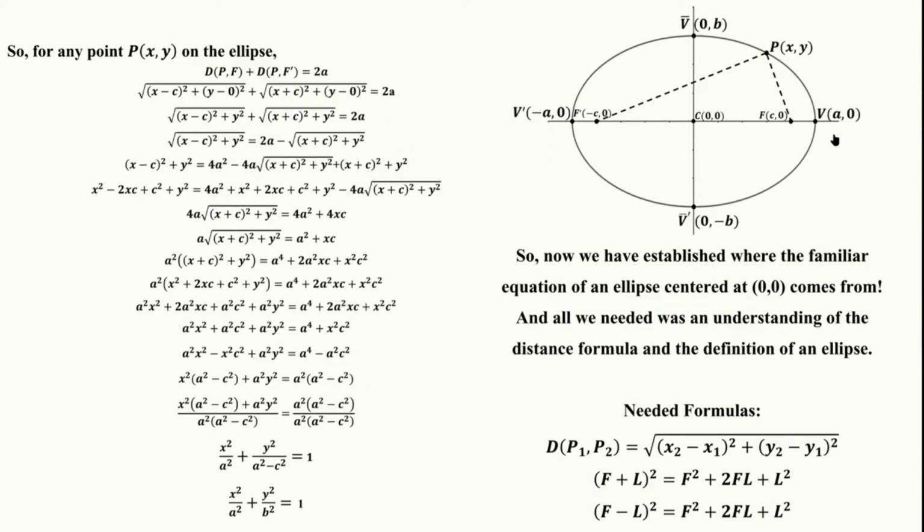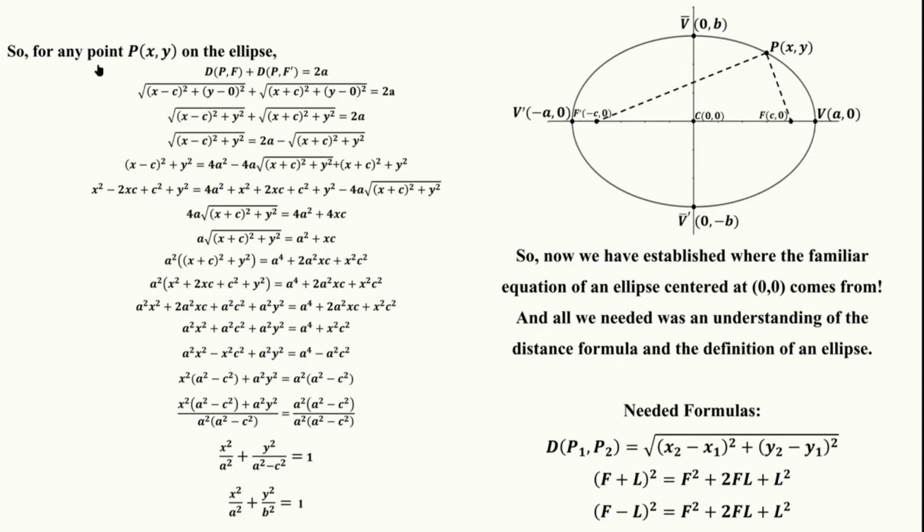If we now, instead of looking at this special point, which is the vertex, look at any general point on the ellipse, which we'll refer to as p of xy, then we will end up with a really nice equation for the ellipse that we can use from that point forward.